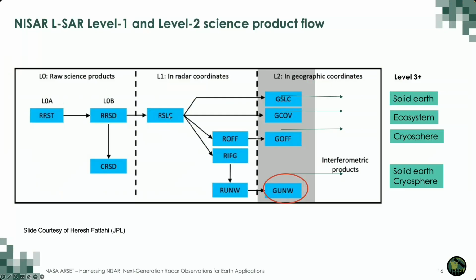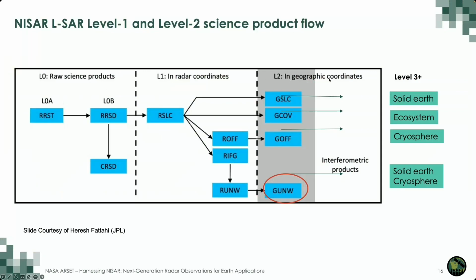That's then processed into level 1, which is in radar coordinates. The R here means radar coordinates or range Doppler coordinates. The RSLC is the range Doppler single look complex image. This is then the key product that's used to make all the level 2 products.